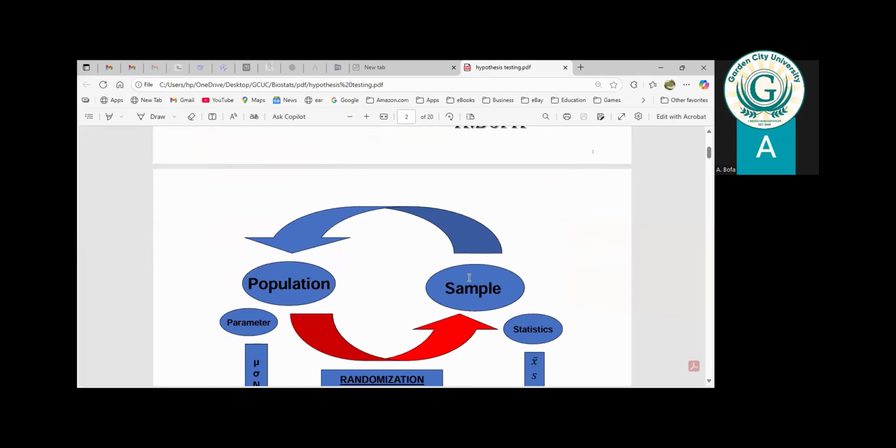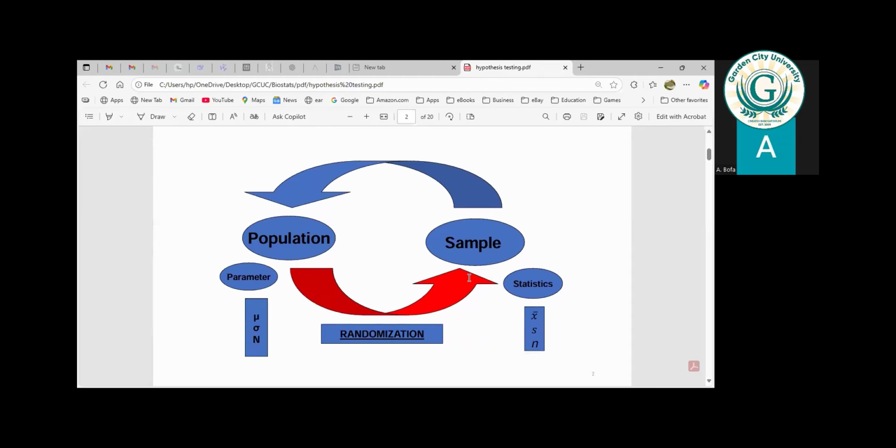And based on the sample, we are able to generalize for the whole population. This sample, we can get it based on the sampling techniques. So we can use the sampling techniques to get our sample, and then from there, we can generalize for the whole population. So basically that's what we are going to do today.